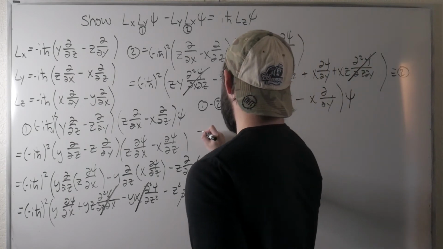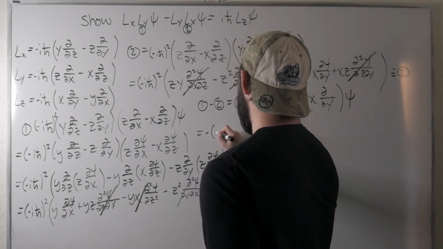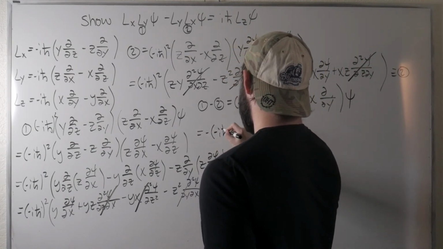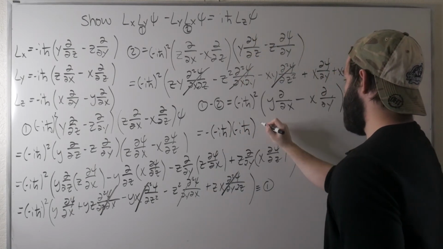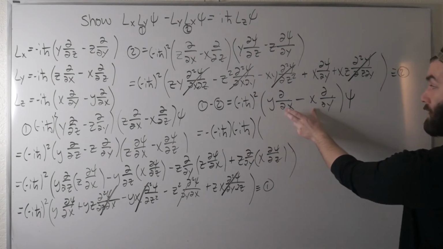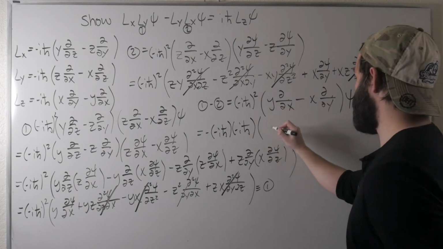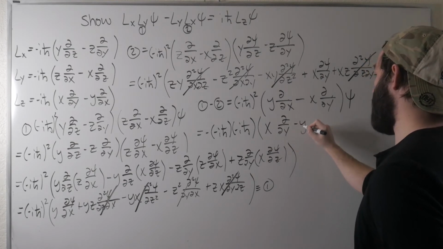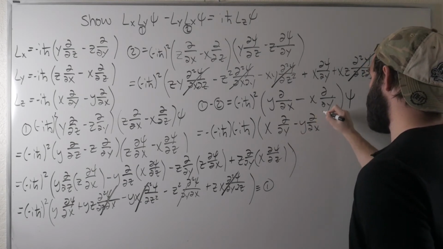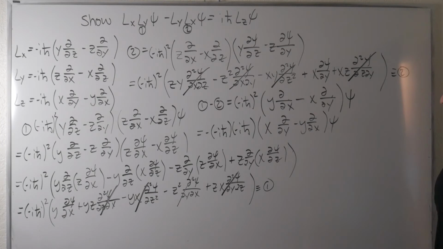Now the last thing that I'm going to do is pull out a minus sign. So this is equal to minus, so we have a minus i h bar times a minus i h bar. And when we pull out the minus, these signs switch. So we have an x d over dy minus y d over dx acting on the wave function.